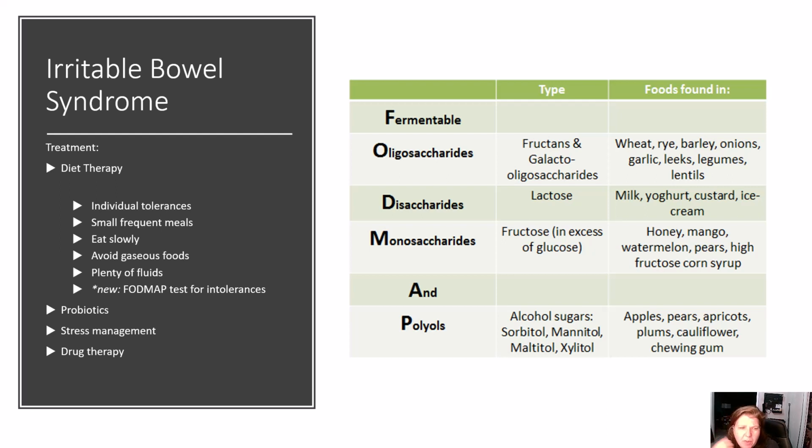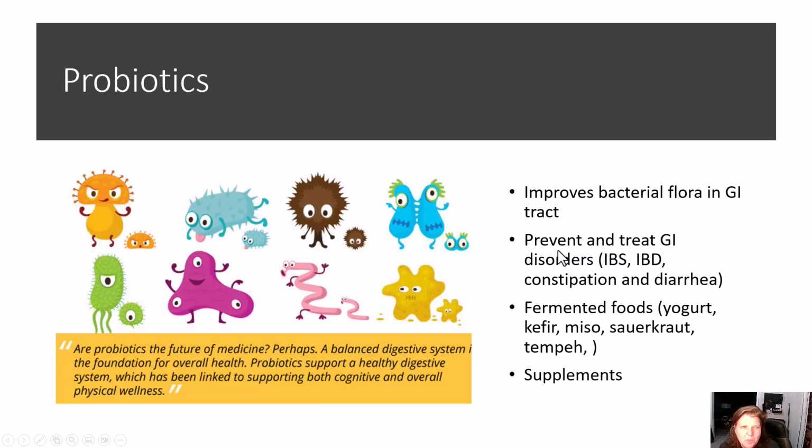We also have found that probiotics are very helpful. As a matter of fact, if you go to the pharmacy, you'll find that the probiotic section is going to talk a lot about irritable bowel syndrome. They'll have that as the main thing that people use probiotics for, IBS. Stress management, and then there are some medications that can be used as well.